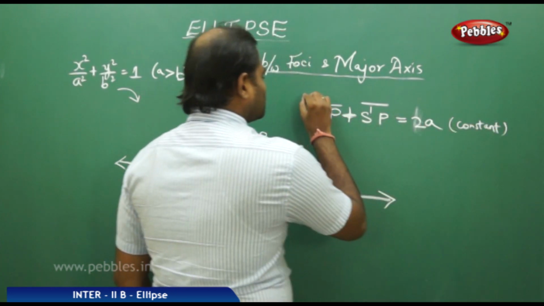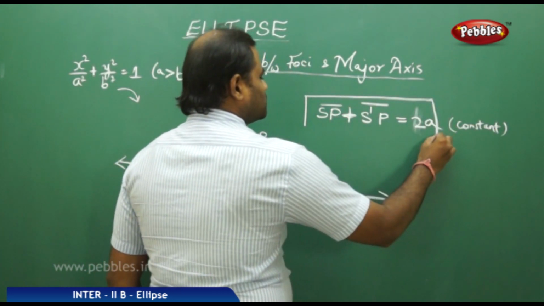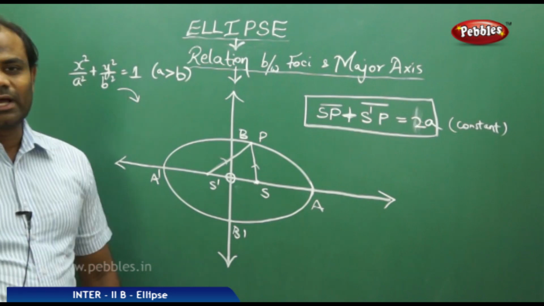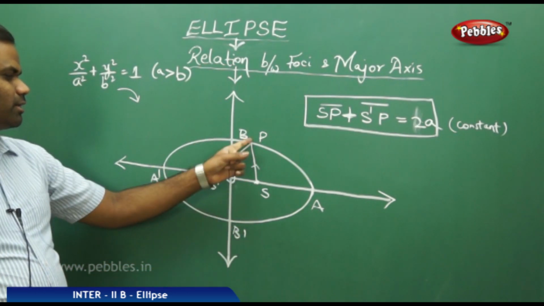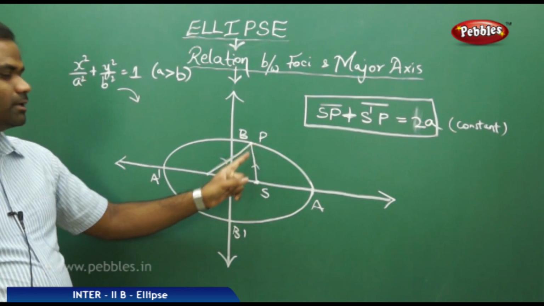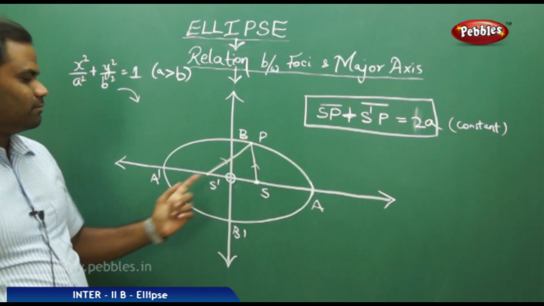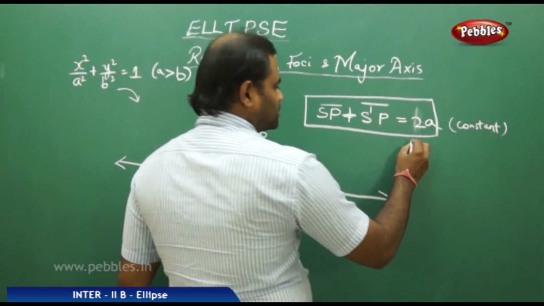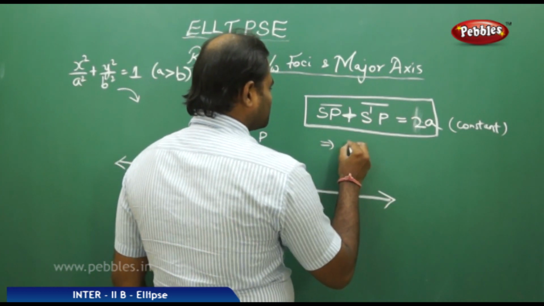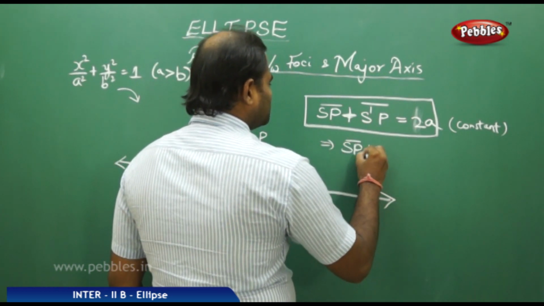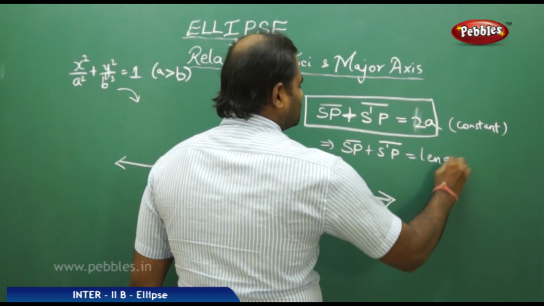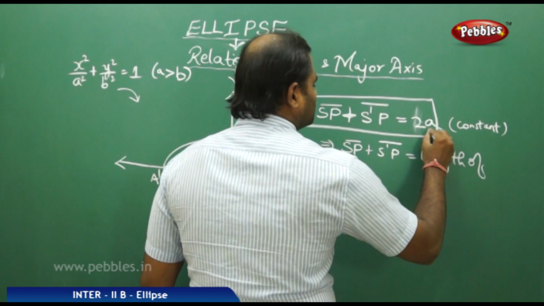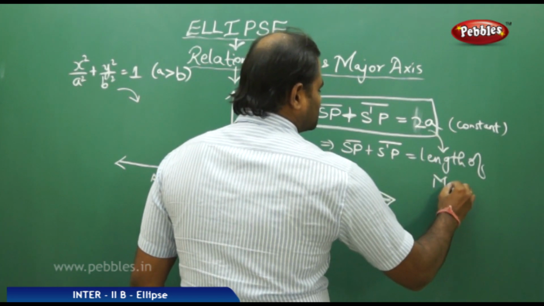Now this is a relation which we need to identify in case of the foci and the point, that if you take any point on the ellipse, and S is joined with P and S dash is joined with P, SP plus S dash P will be equal to AA dash. That implies SP plus S dash P is equal to the length of major axis.